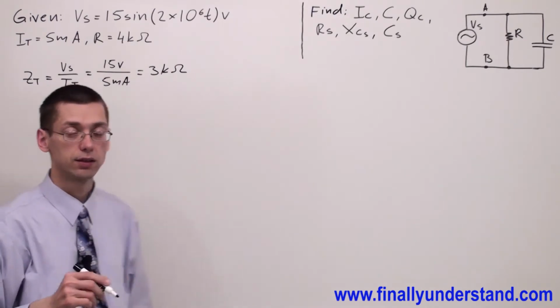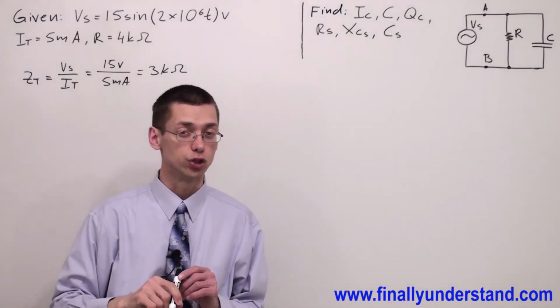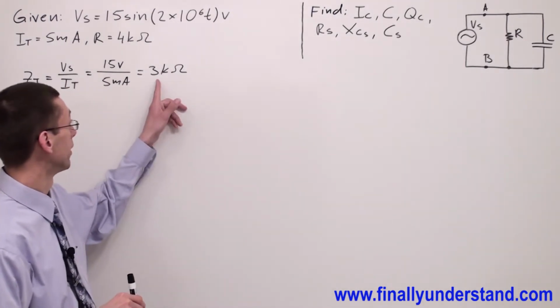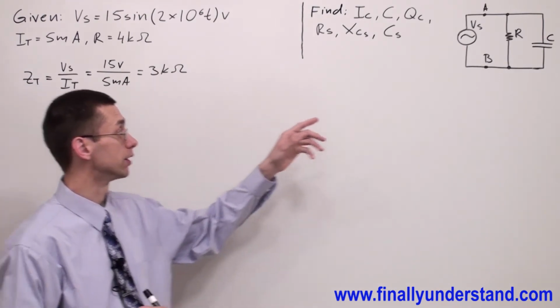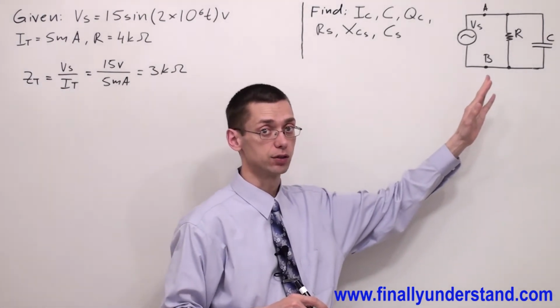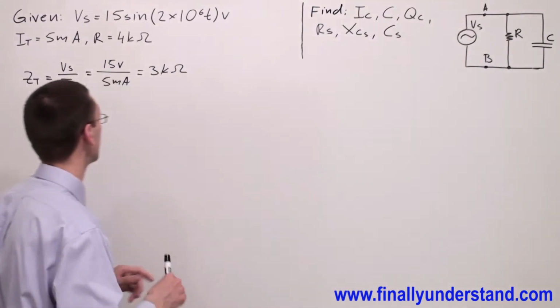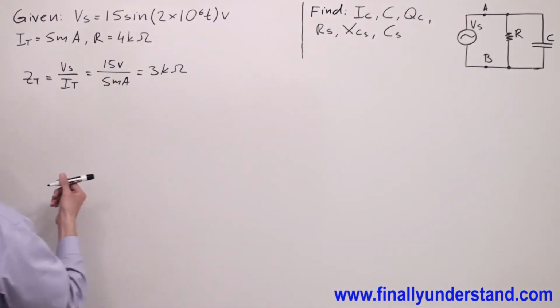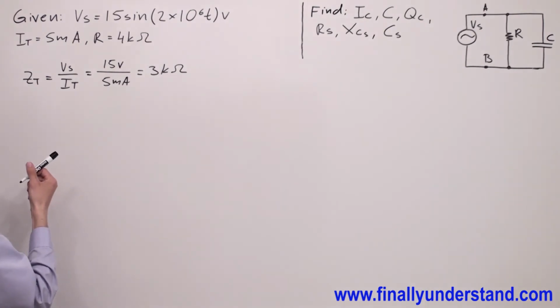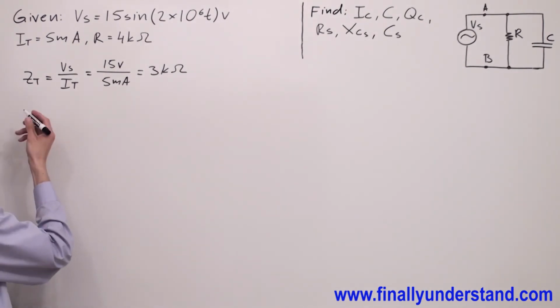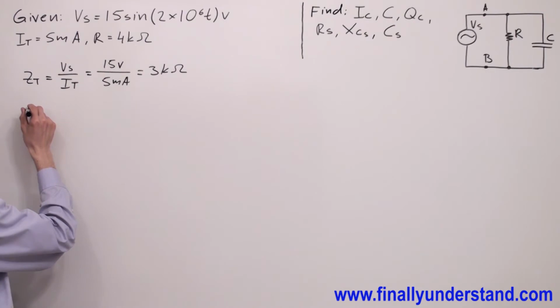Please notice that this value of Z total is not complete because we are dealing with the resistor and capacitor. We're supposed to also have the angle. We do not have angle, so next step I'm supposed to find the angle. How I can find the angle? You have to remember the formula for power factor.